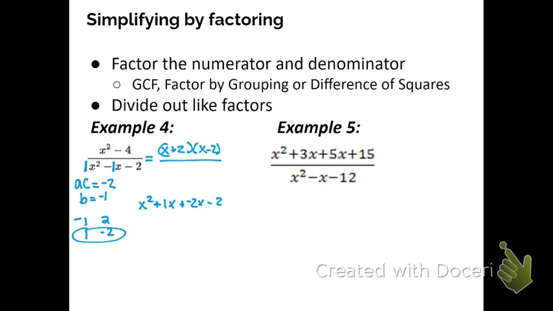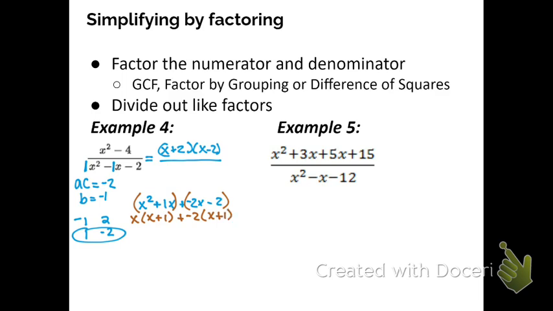And then remember, the reason we call this grouping method is that we group the first two terms and the second two terms together. And then we do two mini GCF problems. So we first look at the first set of binomials, x squared plus 1x, that has a GCF of x. And then we look at the second binomial, negative 2x minus 2. That has a GCF of negative 2.